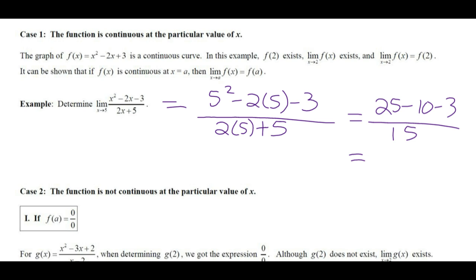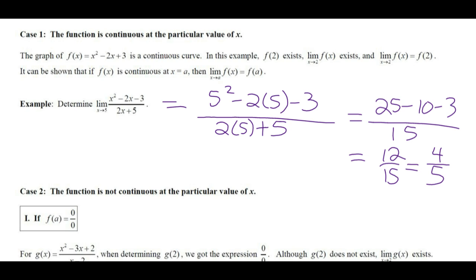Which is what? 12 over 15? Which is what? 4 over 5? Okay, so the limit as x approaches 5 of that is 4/5.